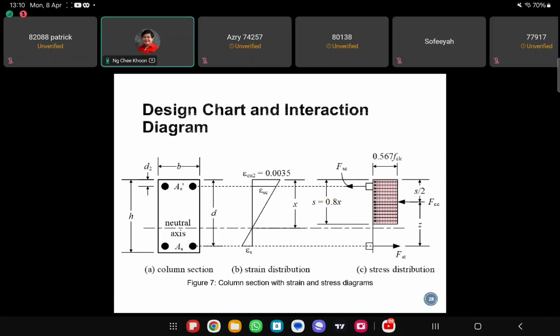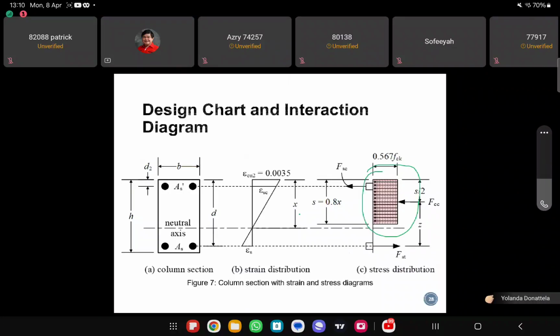The cross section, the strain distribution, and then the compression block here, right? Because for a beam you have only bending moment, so this strain here is only caused by bending for a beam, right?